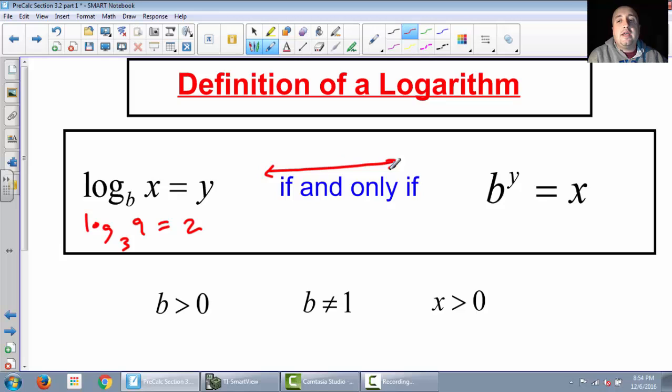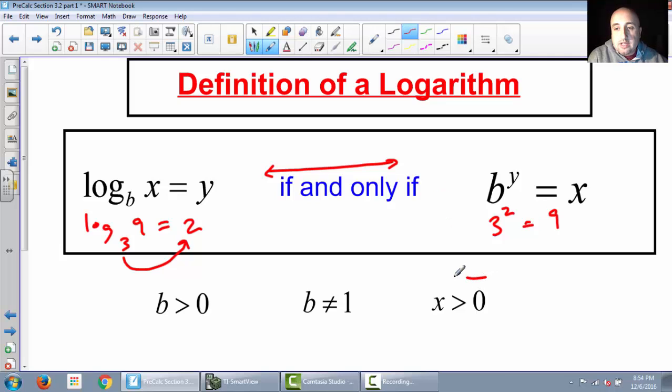It equals b to the y equals x. So the base raised to what's after the equal sign, 3 raised to what is equal to the number next to log, which happens to be 9. So is this true? Is 3 raised to the second power equal to 9? Looks like it's true.